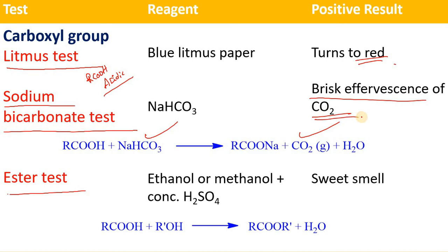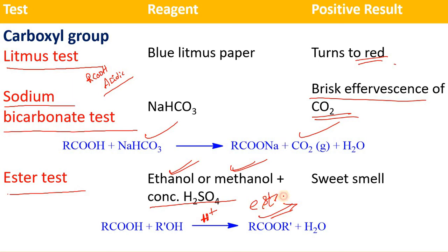In ester test, we use alcohol. It may be ethanol or methanol, and also we use concentrated H2SO4. When you treat carboxylic acid with alcohol in presence of acidic medium H+, there is a formation of ester.